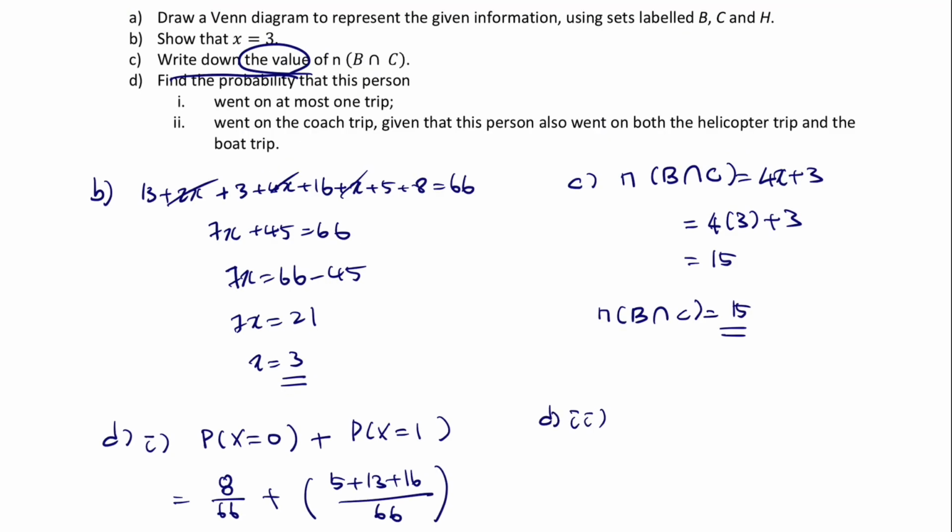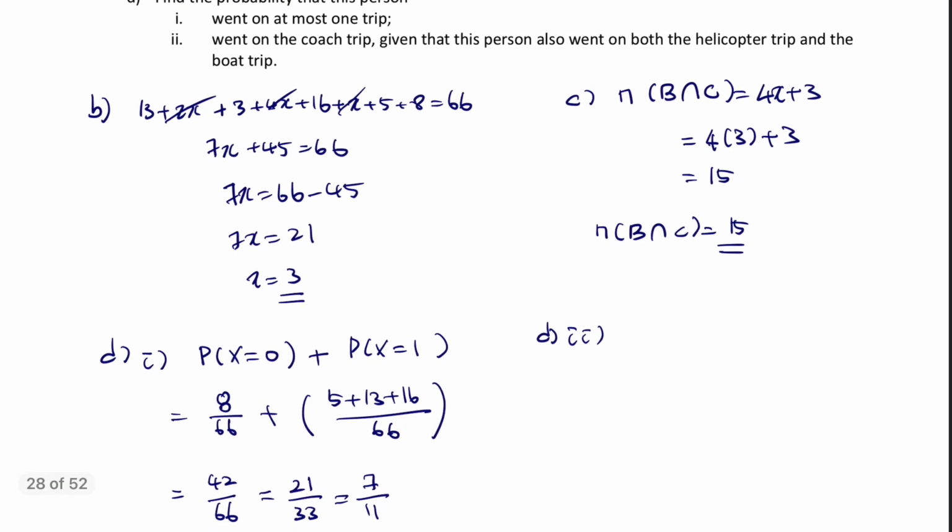Question D, II. We need to find the probability that this person went on a coach trip, given that this person also went on both the helicopter trip and the boat trip, right?